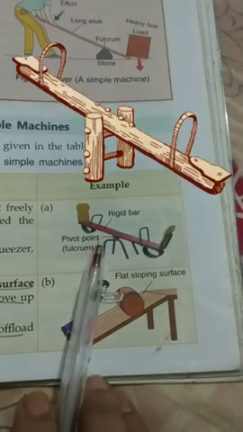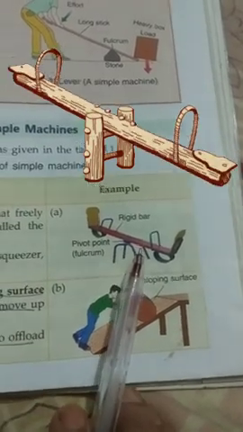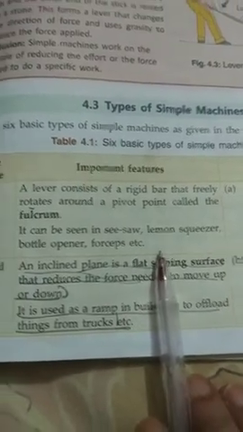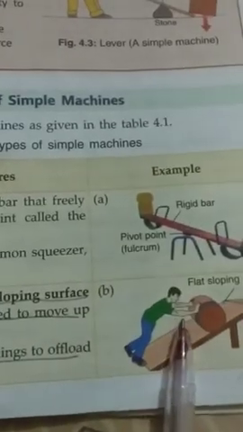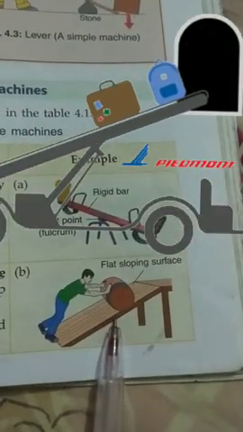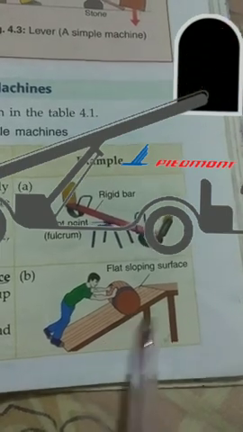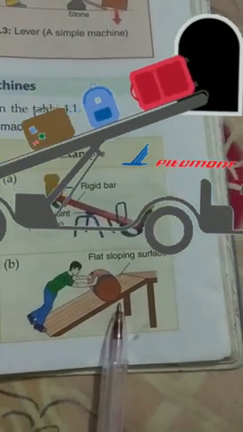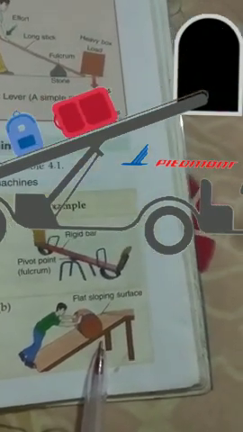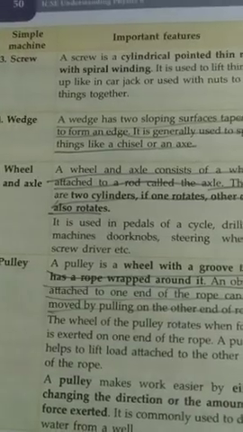It can be seen in a seesaw, lemon squeezer, bottle opener, forceps, etc. Inclined plane. An inclined plane is a flat, sloping surface that reduces the force needed to move up or down. It is used as a ramp in buildings to offload things from trucks, etc.